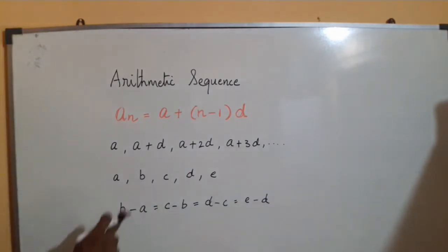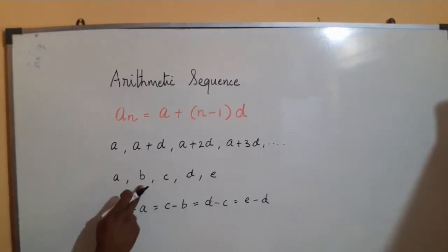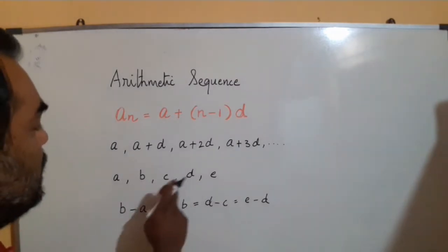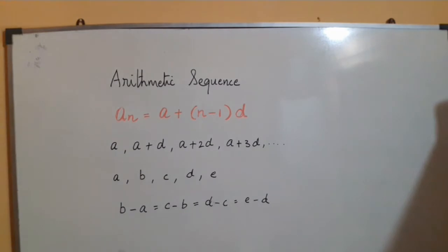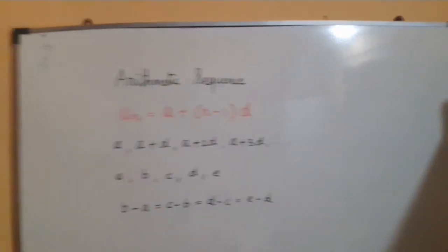Why do we have that? b minus a is the difference, c minus b is the difference, d minus c is the difference, e minus d is the difference. Because the difference remains constant, these are equal. So now we'll try out sums based on this common difference.